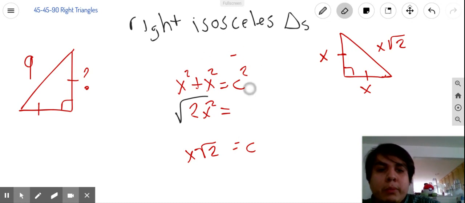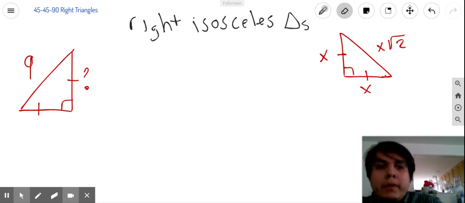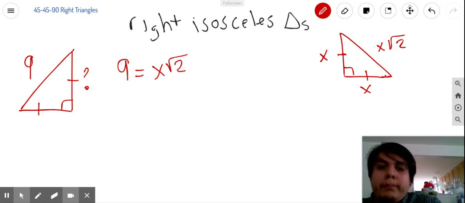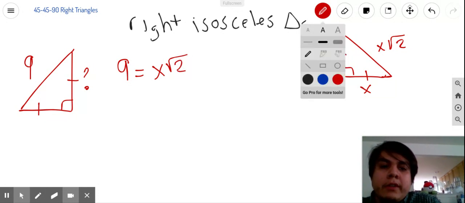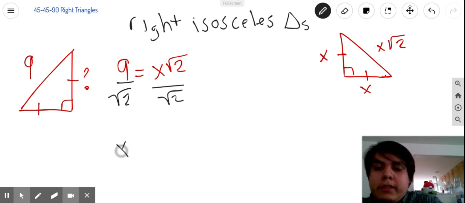So this relationship is still true, and I'm going to just apply it. That means that the 9 should equal x square root of 2. So if I'm trying to solve for x, I just have to divide by the radical 2 on both sides. So x should equal 9 divided by radical 2.